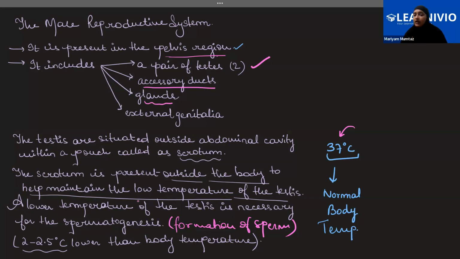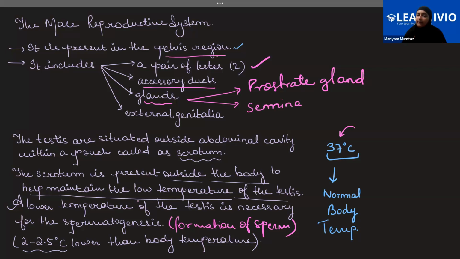What are the glands? The prostate gland. Everyone has heard about prostate cancer, right? It is very common. This is the gland. The cancer of this gland is known as prostate cancer. So the prostate gland is there. Then there is another gland that is known as the seminal vesicle. So these are the glands primarily situated.